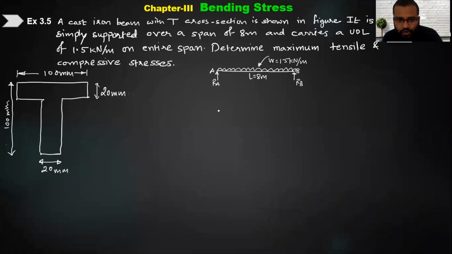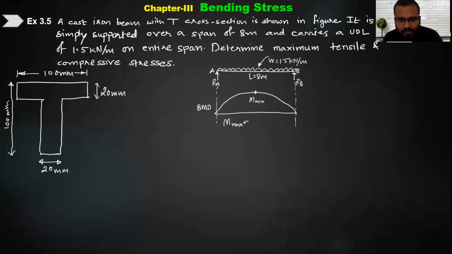Therefore, if you draw the BMD directly, if you remember, I have asked you to remember some things regarding standard practices, because a simply supported beam with an entire UDL is a standard form where we have a direct formula to calculate the maximum bending moment, and I have already proved this formula. So the maximum bending moment at the central point, I'll call it M maximum. This is the BMD.